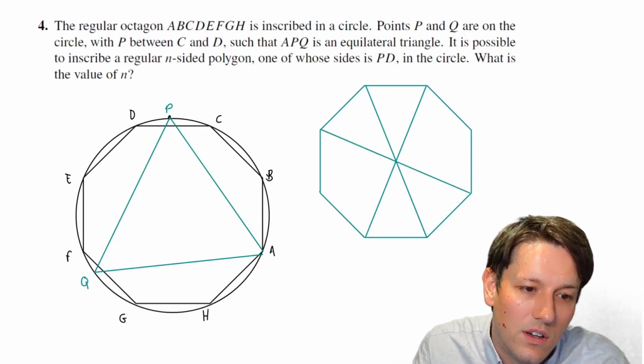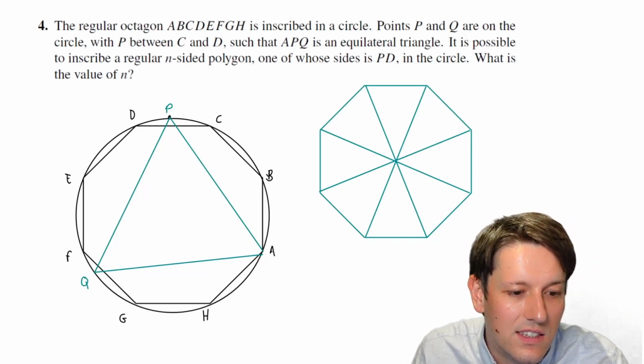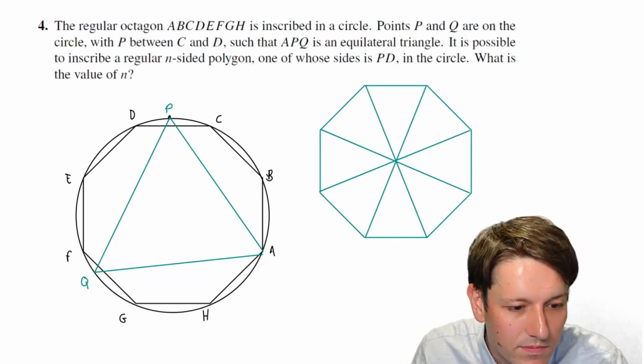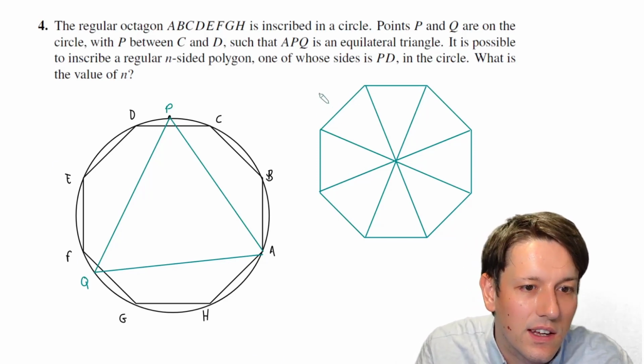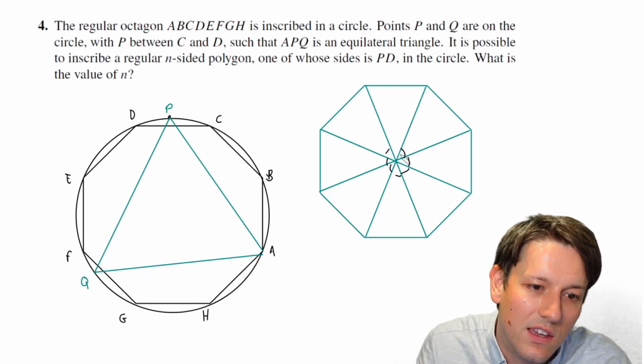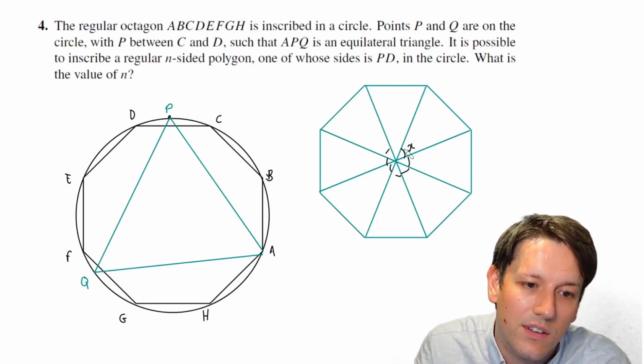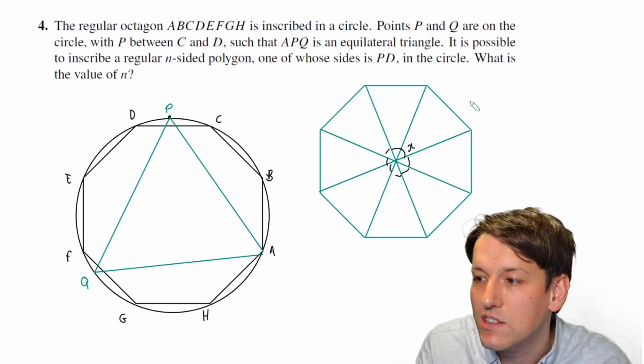congruent isosceles triangles like this, and at the center of the diagram here we can see, okay, this was an octagon, and the angles in the middle of the octagon here, if this is x, there's eight of them, and they make up 360 degrees in the circle.